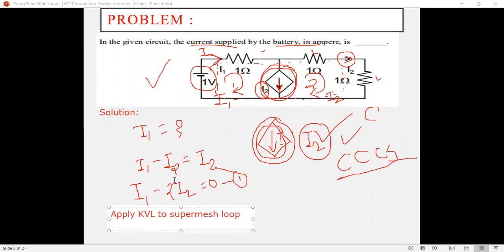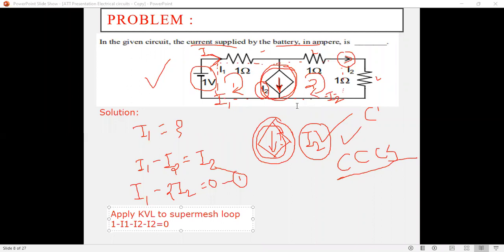So just apply the KVL, from the minus terminal to the plus terminal. It becomes plus 1 minus 1 into I1, so it becomes I1, then minus 1 into I2 is nothing but I2, then I2 again here minus I2, it is equal to 0.